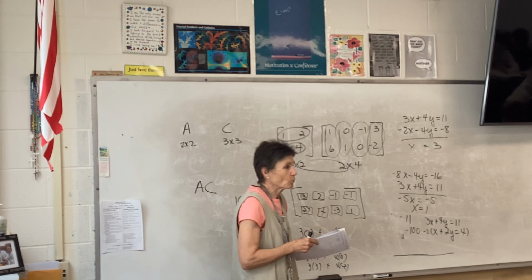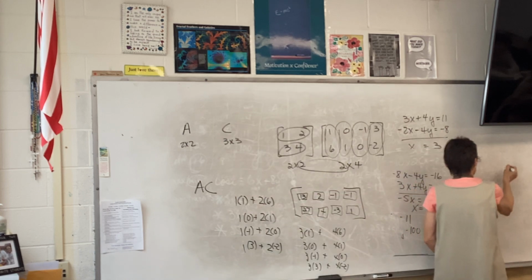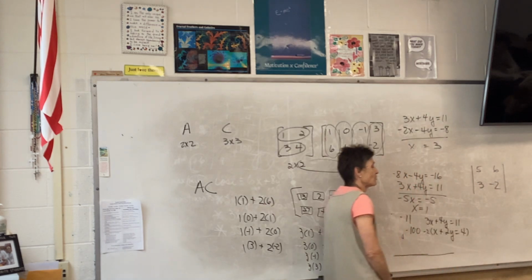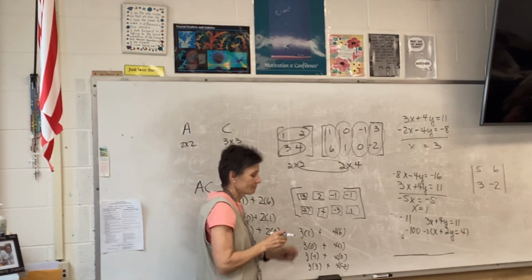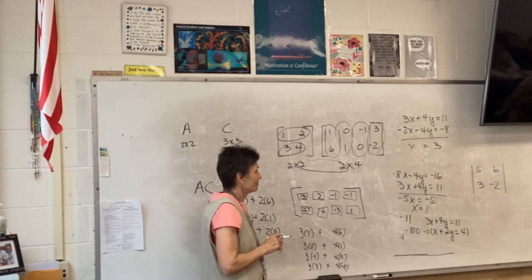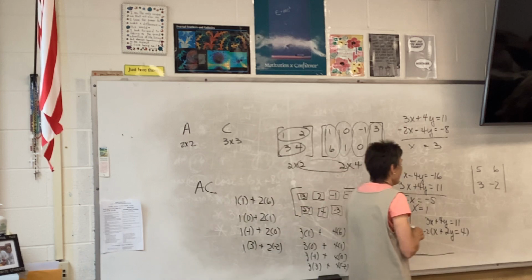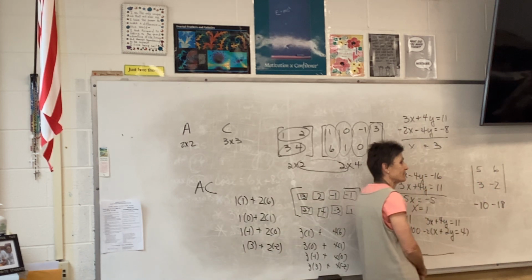Okay, so one more quickly, what do we need to do? Just to make sure. What's the answer to that determinant? Negative 28. Negative 28, because it's negative 10 minus 18.